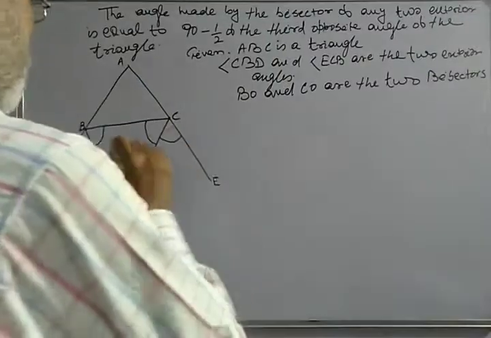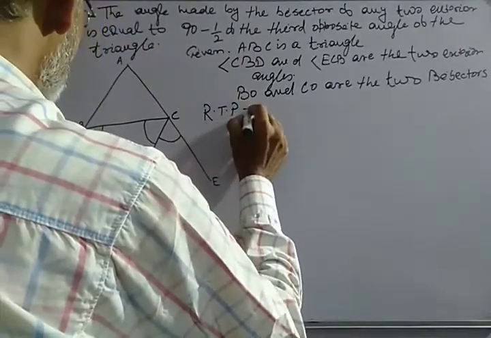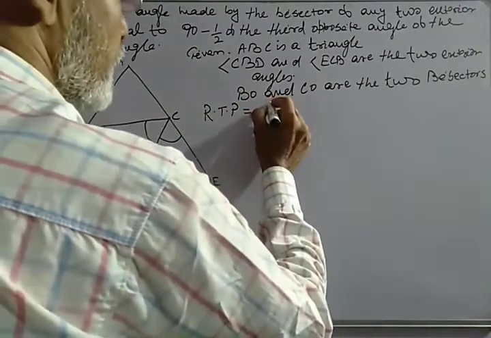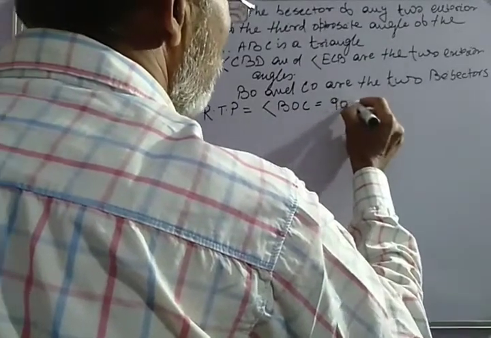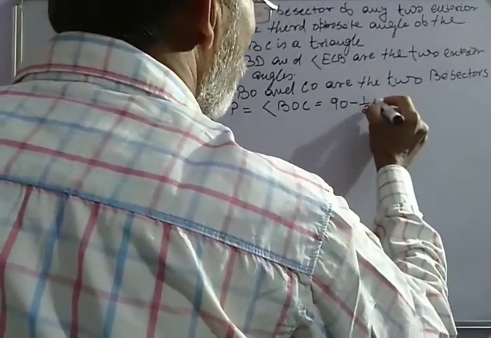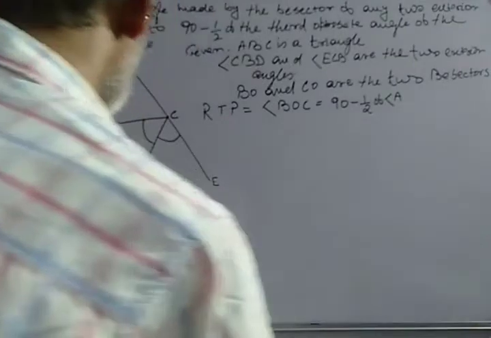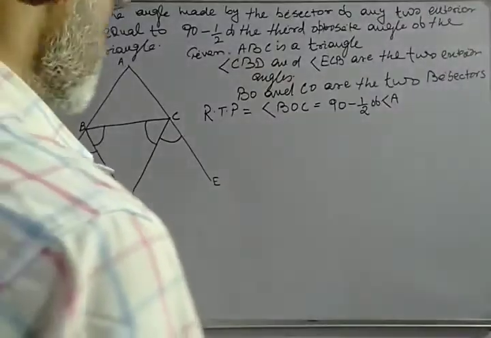RTP: angle BOC is equal to 90 minus 1 by 2 of angle A, angle A which is the third opposite angle of the triangle where the exterior angles are made.